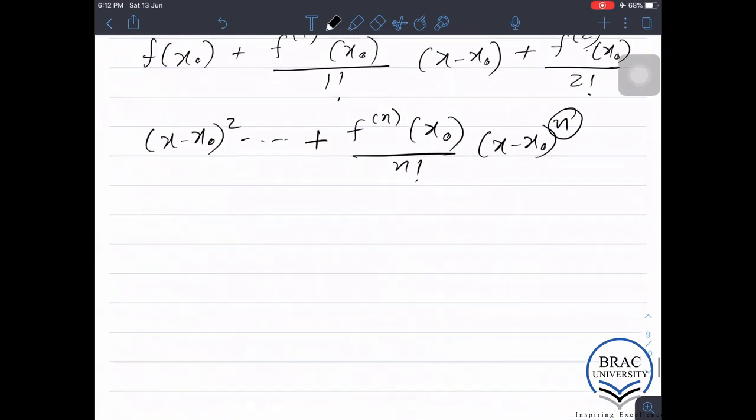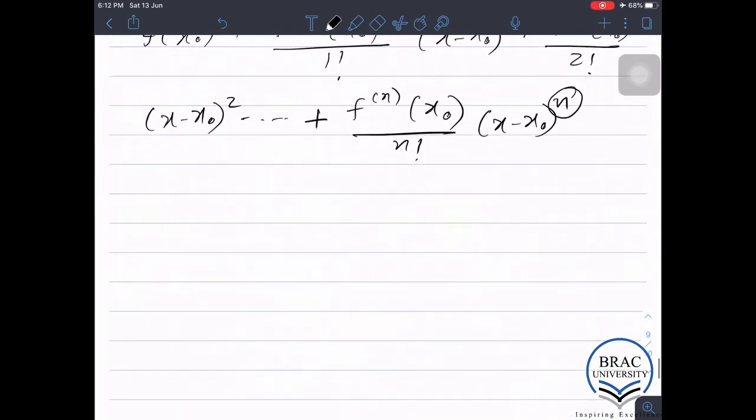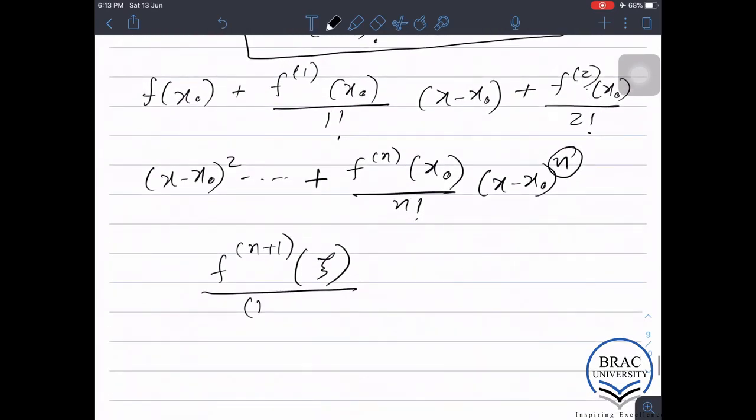So your error is nothing but f^(n+1)(xi) divided by (n plus 1) factorial, times (x minus x0) to the power n plus 1.